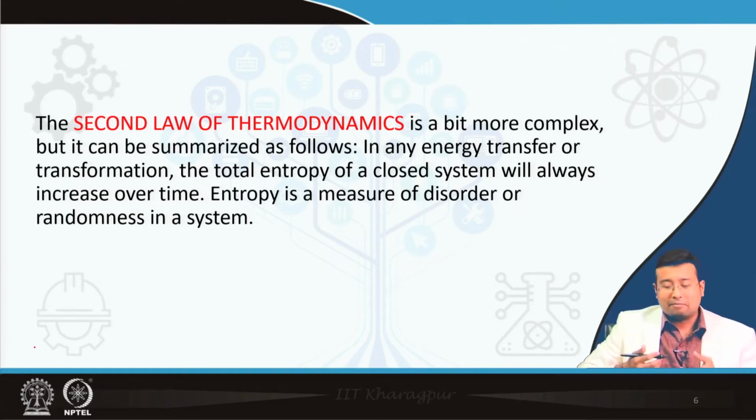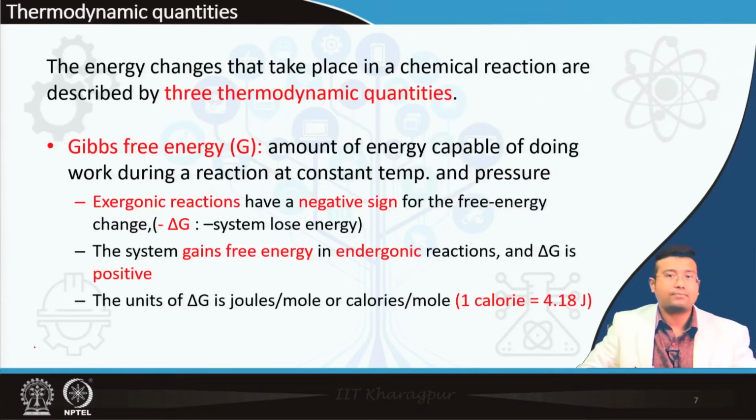Entropy is a measurement of the randomness or disorderliness of a system, how random or how disordered the system is. If we go to the atomic level, we will always find that whenever an energy transfer occurs across a system, ultimately if the transformation occurs, the resultant product will always have a greater disorderliness or randomness. So, when A is transformed to B, B will always have more entropy, it is more disordered.